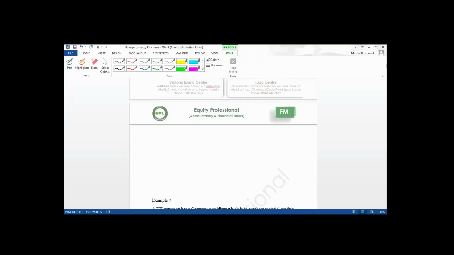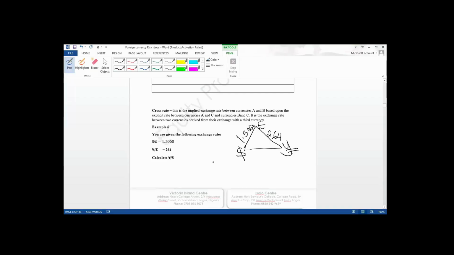All right. Look at this. Dollar to pounds, $1.506 is equal to 1 pound.